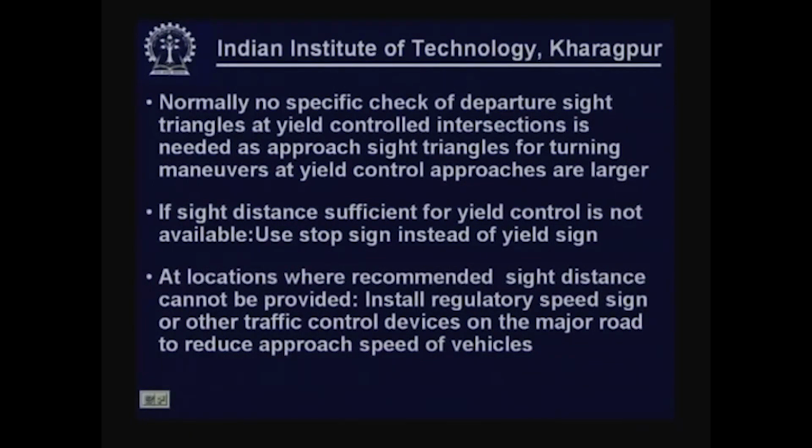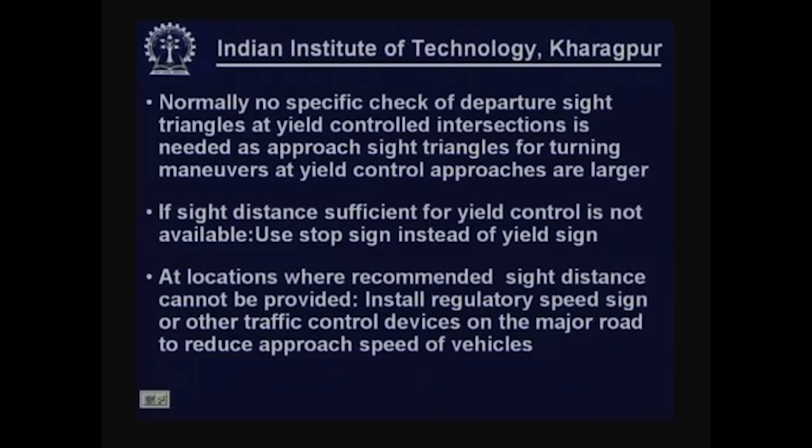So, if we design side distance considering the yield control approach and considering left turn and right turn without stopping, then the required side distance obtained will normally be larger than the stop control requirements. So, no specific check is normally required.